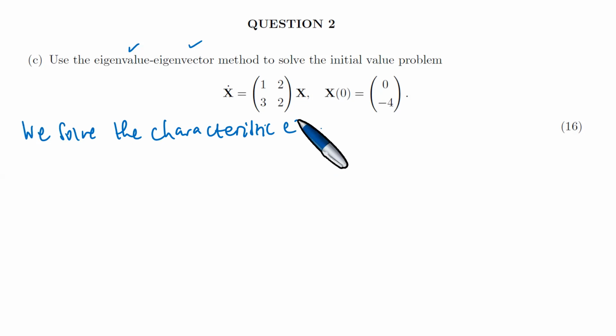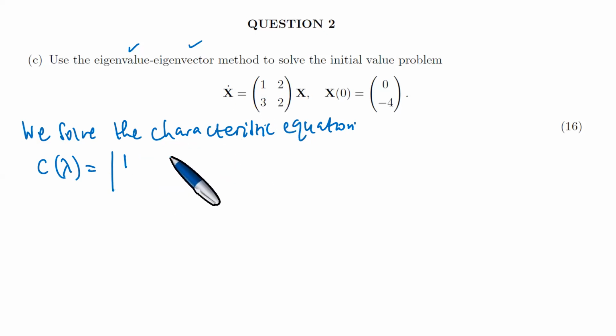What is the characteristic equation and how do we achieve it? We've called it C of lambda. And C of lambda is going to be the same as what? It's going to be 1 minus lambda, and 2 minus lambda.